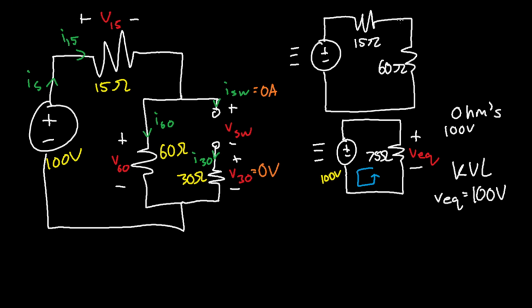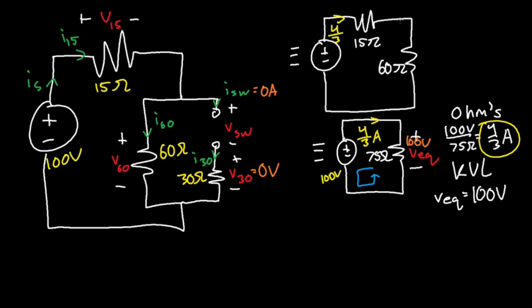So we divide the 100 volts at this resistor by the resistance 75 ohms to get 4 over 3 amps. So our amperage going through this entire series circuit is 4 over 3 amps.